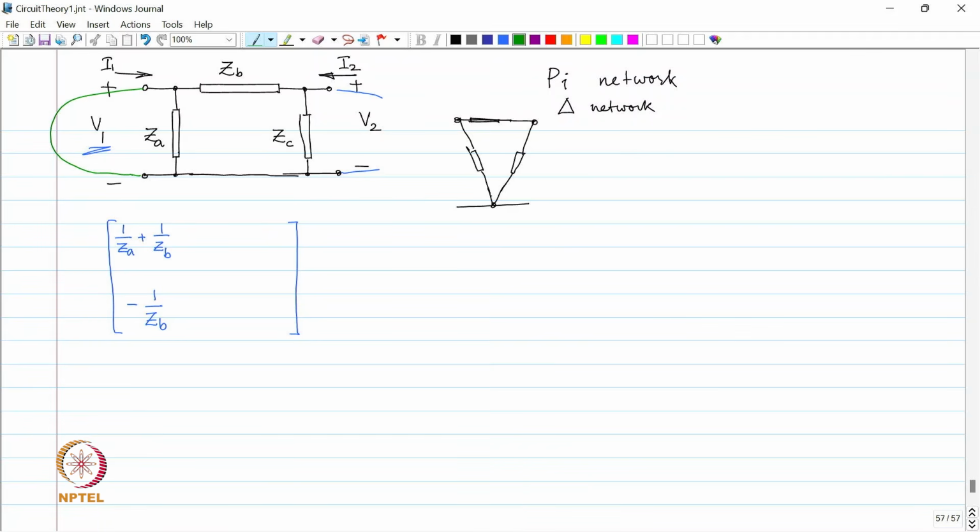In other words, Y22 is going to be 1 by ZB plus 1 by ZC, and Y12, that is the measurement of I1, and remember I1 is going backwards into the circuit, right. You have applied V2, right. I1 is going to be minus 1 by ZB times V2.